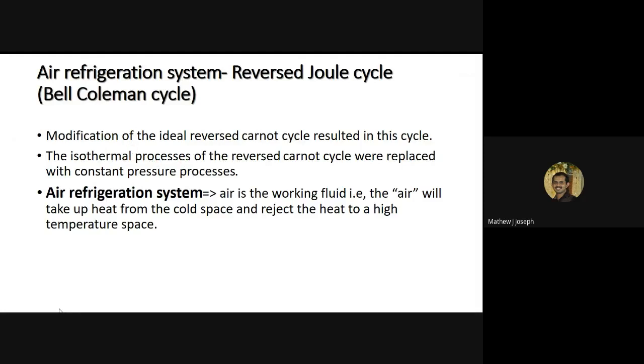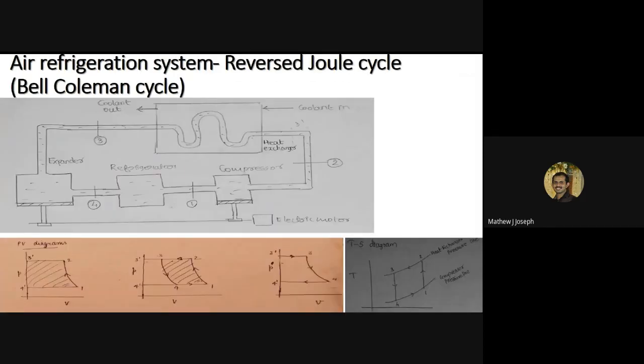So let us see how it was implemented in an air refrigeration system. This is a diagrammatic representation of an air refrigeration system. In the first classes, I told you that we mechanical engineers, when we are going to discuss a new concept, will first try to represent the entire system diagrammatically on a piece of paper.